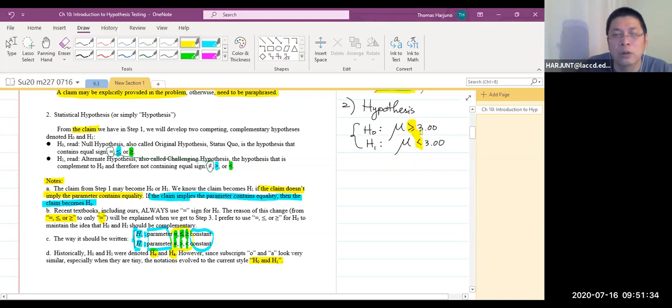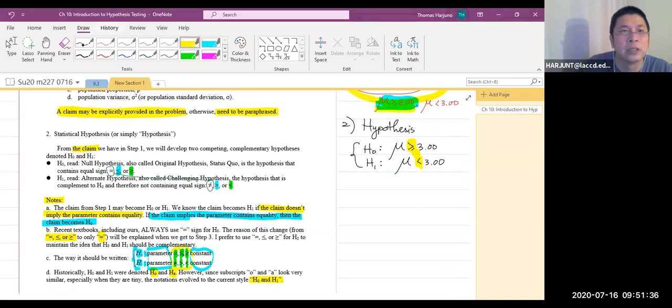If I use the equal sign only for my null hypothesis, I will be fine. Yeah, if you use the equal sign here instead, and then this is less than, I will be fine. You know, I don't mind that. Okay, but usually those people who use that kind of sign will get confused in some of my questions. They are the ones who usually get confused in some of my questions.